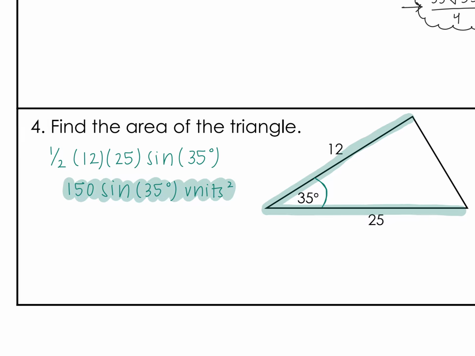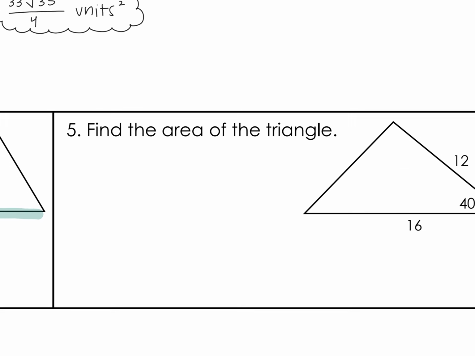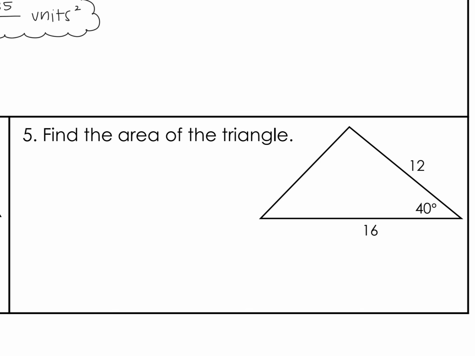All right, now for our final problem, number 5, which is, in a sense, the exact same thing. Here we're asked to find the area of this triangle. We are given two side lengths. We know this side length of 16 here, and we have this 12 here. Noticing that where they meet, this angle is provided to us. It is that 40 degrees. And so we can take 1/2 of our two sides.